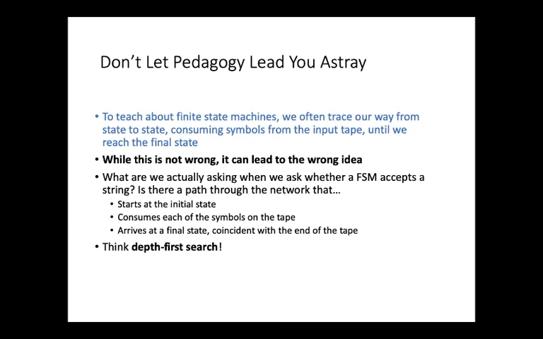This is due to a problem in pedagogy. So we talk about these procedurally, but they're actually not procedural. These are a mathematical construct. They're a description of a relation. And if it helps you, think about it in terms of depth-first search. So you're applying depth-first search to look for paths through the machine.